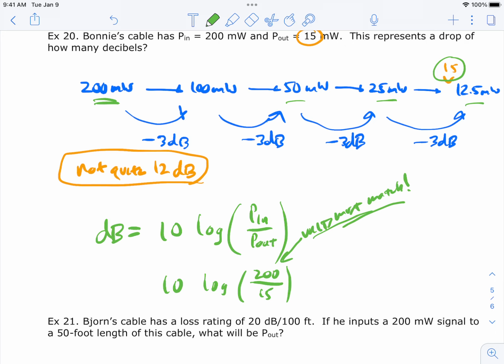Ask my calculator. 10 times the log of 200 divided by 15 inside there. And it's giving me just about 11.25. So we were saying not quite 12. Turns out, if you want a more accurate answer, it's 11.25.